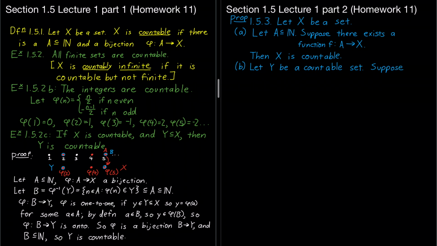Let's suppose, again, we're assuming there exists a function. I suppose I didn't actually specify surjective in part A, and that's kind of important, so let me write it down.